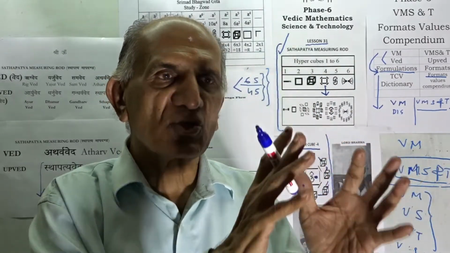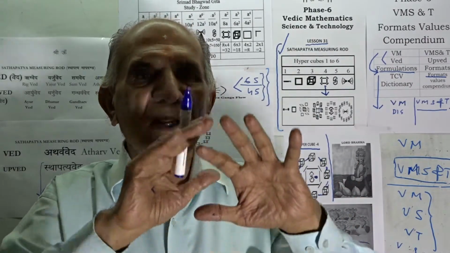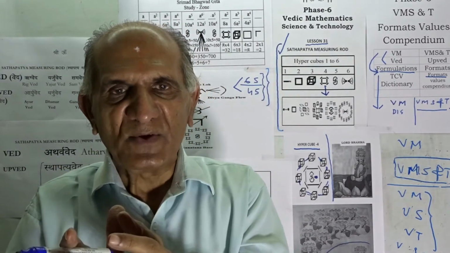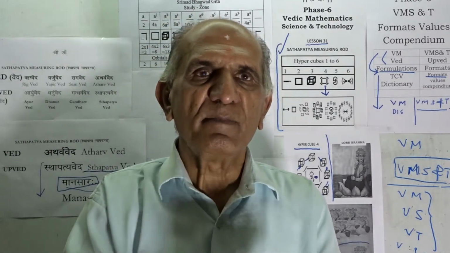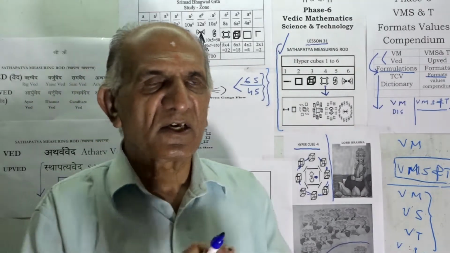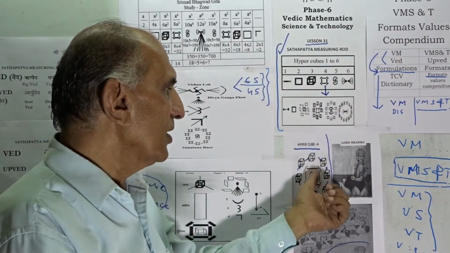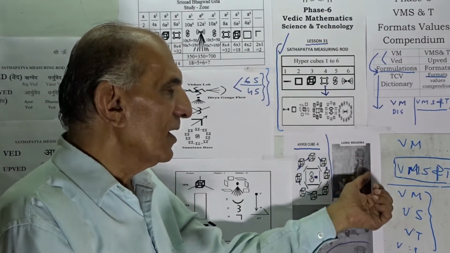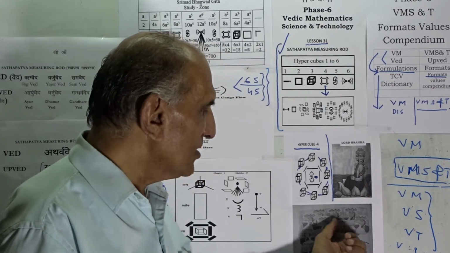Vedic mathematics in all its disciplines, Vedic sciences and Vedic technologies all get unified as a compendium of values along a unified format, and it is this format which makes the format of Vedic mathematics, science and technology. For it the initiation is in terms of the Sthapatya Measuring Rod, and it takes us to the creators of space presided by Lord Brahma, and Lord Brahma meditates and multiplies himself as 10 Brahma.